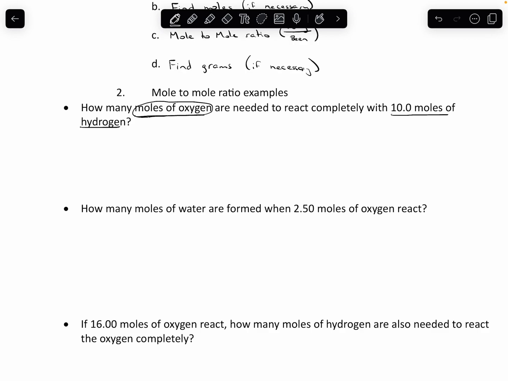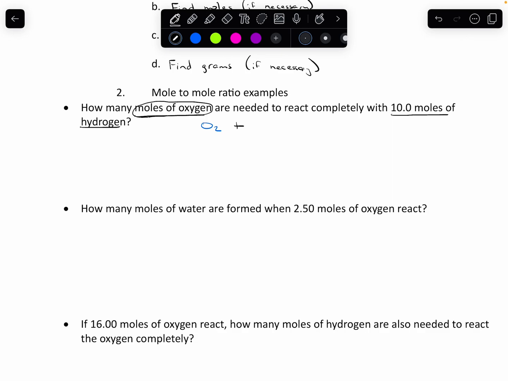So our first step is going to be to write that balanced chemical equation. So pick up a color. I'm going to go with blue. All right, and we have O2. Whenever oxygen is by itself, it is O2. It is going to be reacting with hydrogen. So please pick up another color, H2.